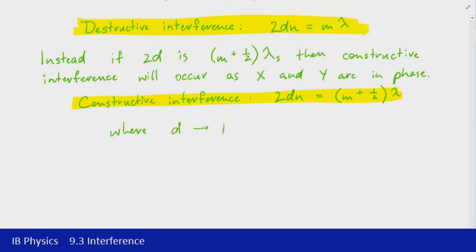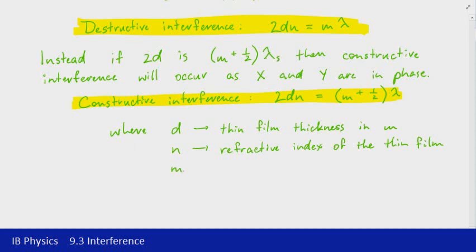D is the thin film thickness. And that's in meters. N is the refractive index of the thin film. And that's just a ratio, so there's no units.